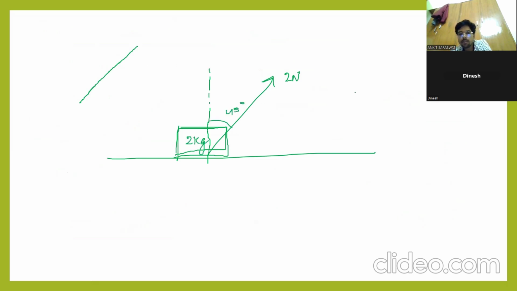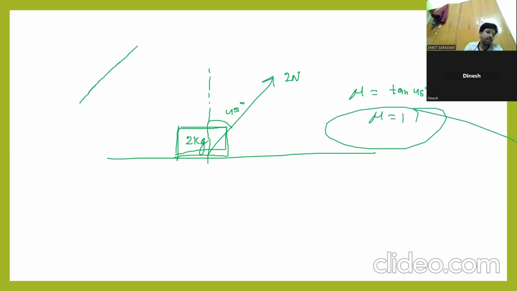You can directly find this mu. It will be tan theta, tan 45. This theta, 45, is the angle of friction.